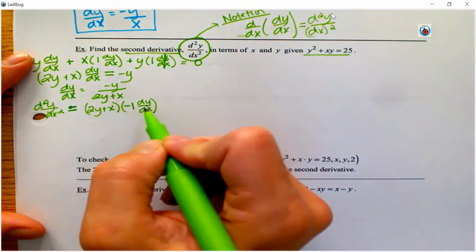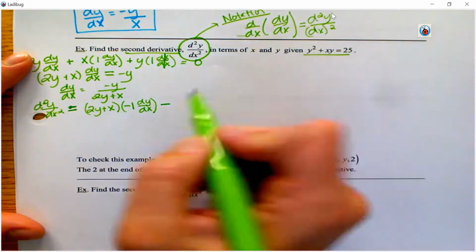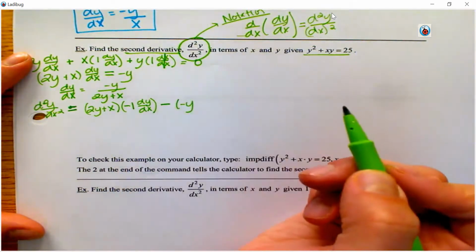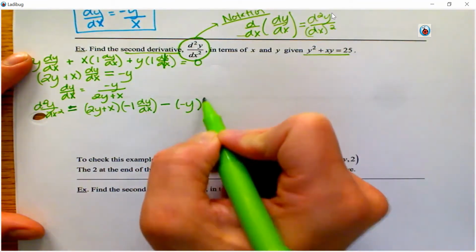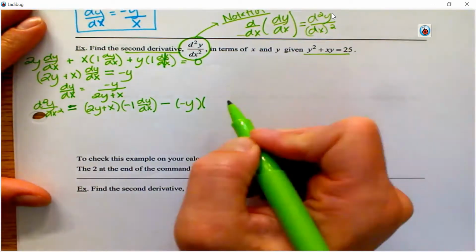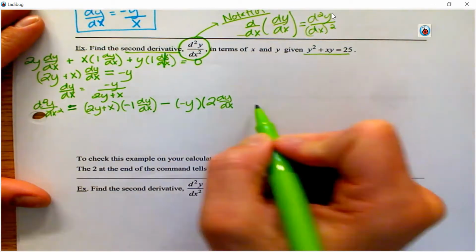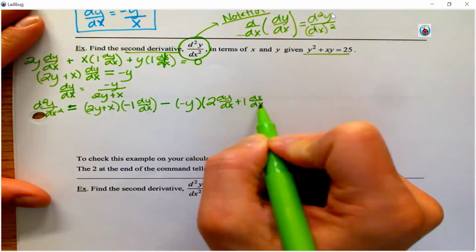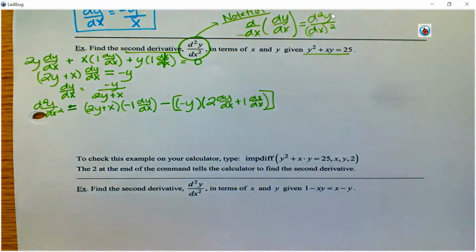So that's low d high minus high d low, so negative y times the derivative of the low function, which is 2 dy dx plus 1 dx dx. I'm going to put that in brackets so I don't forget to distribute that negative later. I'm going to let you sit and think about that one for a minute. All over what?